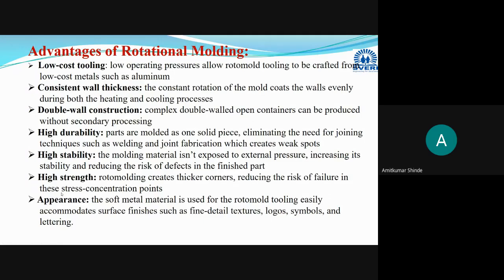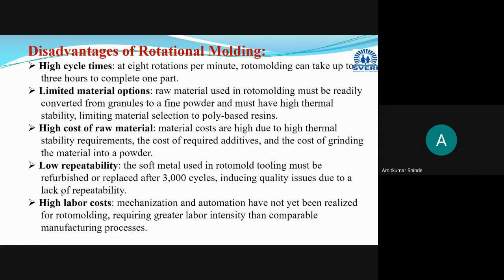These are the advantages. The next point is the disadvantages of this rotational molding process. Now here you can say that the cycle time is a little bit on the higher side. Cycle time or processing time to manufacture one component is more as compared to the other processes. Then only limited materials can be used in this process, as whichever raw material we are taking is in powdered form.